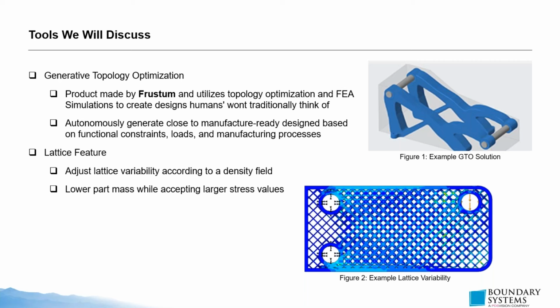So we're going to be able to take in our stress results from a simulation and use those to play with the variability of our lattices, which we can see in figure 2 in the bottom right there. The overall goal will be to lower our part mass while accepting larger stress values. It will consider the part material, and we won't go above the part material's tensile yield or anything like that. But we will accept larger stress.